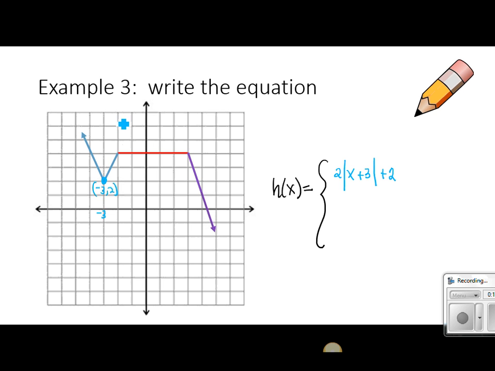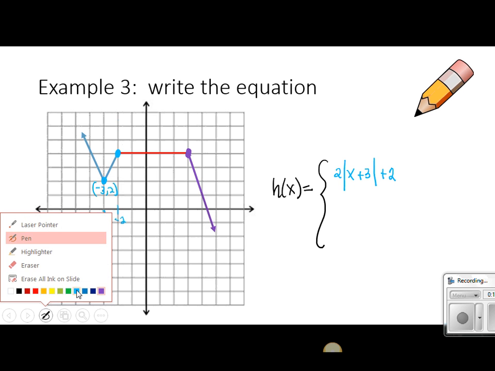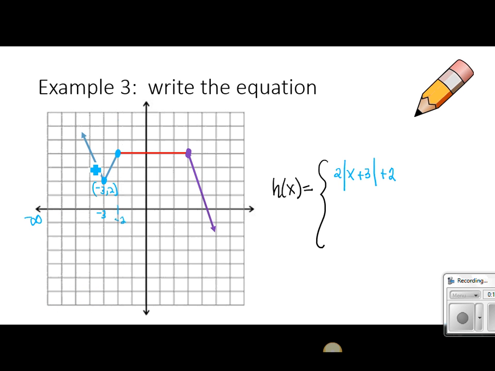Where is that graphed? Well, that is graphed at -2 and below. I'm going to make this point the blue point, and I'm going to make this point be the purple point. And so I'm going to say it's included in the blue.